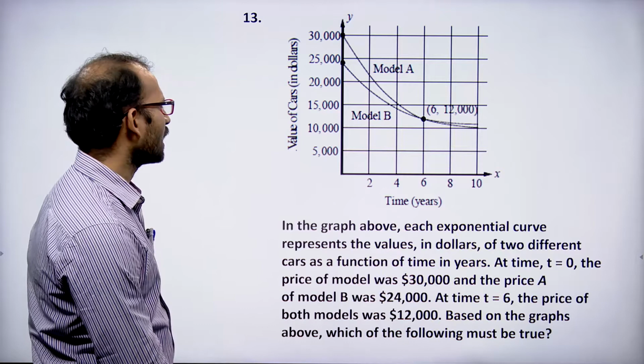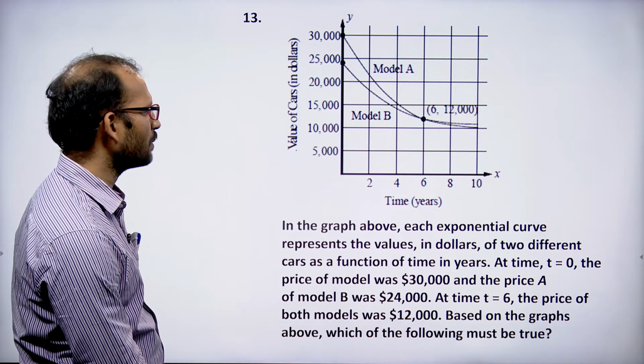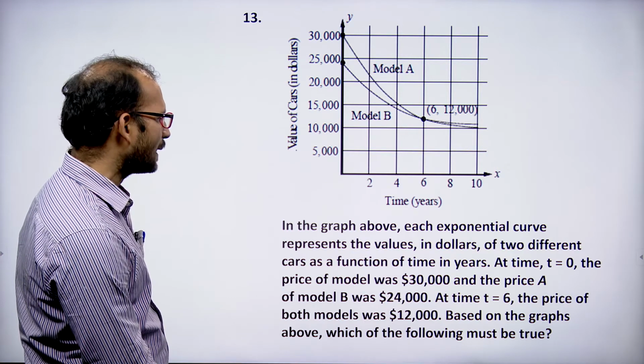Let us see. In the graph above, each exponential curve represents the value in dollars of two different cars as a function of time in years. At time t equals 0, the price of model A was $30,000.